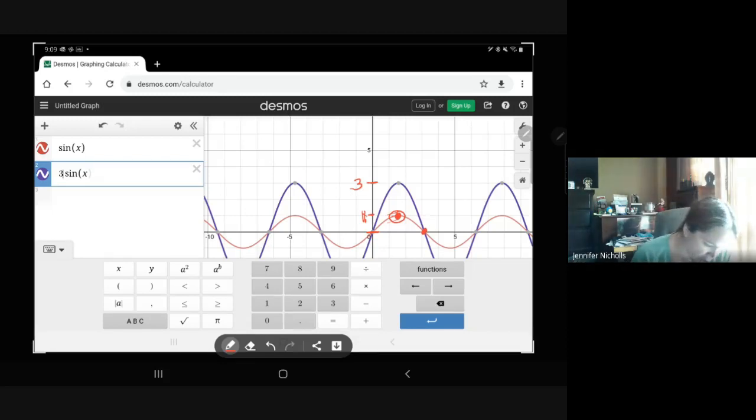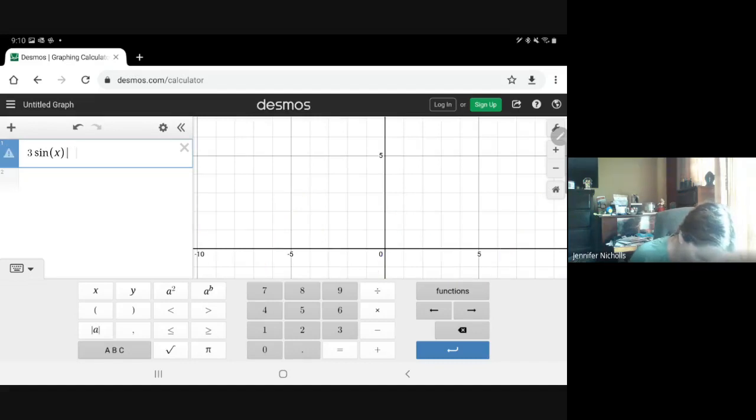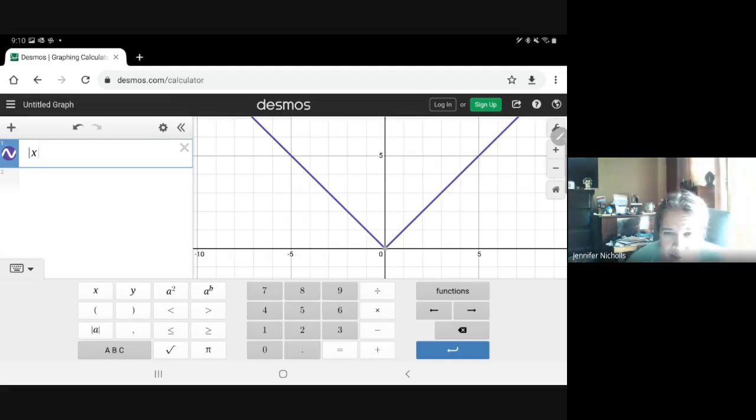Okay, let me show you how it works with absolute values. Where in the world is absolute values for decimals? Okay, here we go. So look at this absolute value. We're going to focus on the dots.